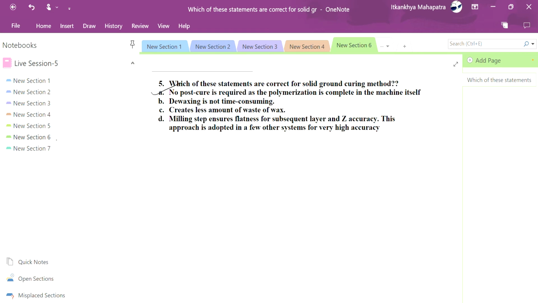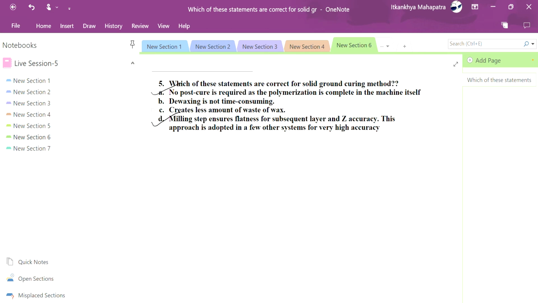Option A and option D are correct. In the first option, yes, in the solid ground curing method, no post cure is required as the polymerization is complete in the machine itself. Also, the milling step ensures flatness for the subsequent layer and Z accuracy.